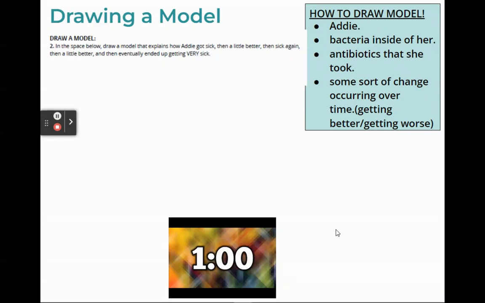Is that right here? Yep. The work posted.